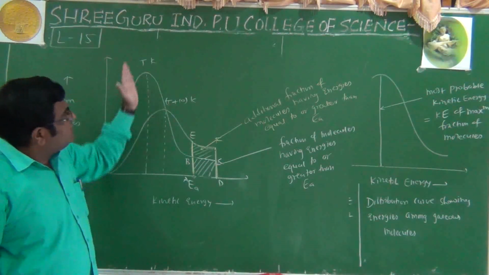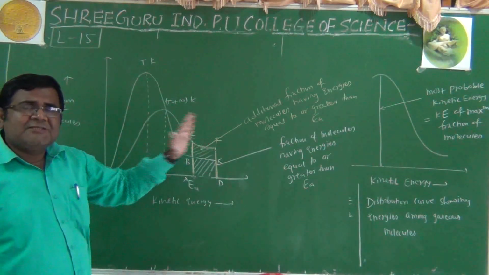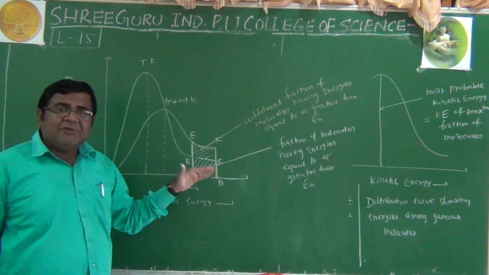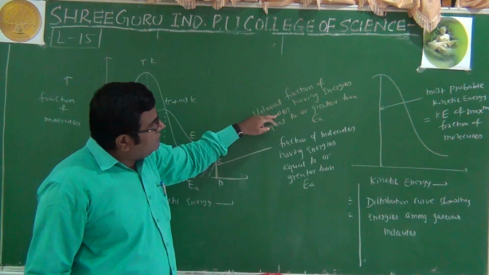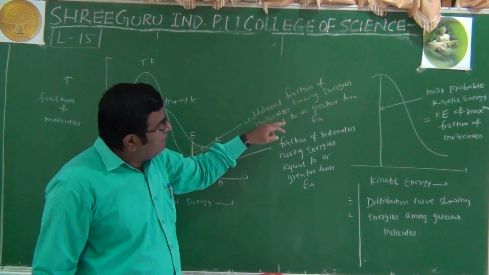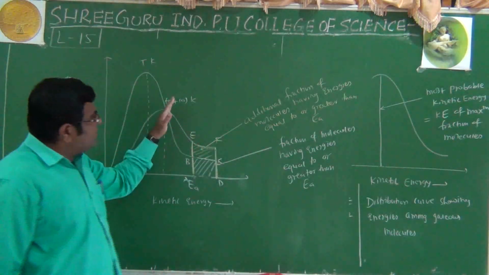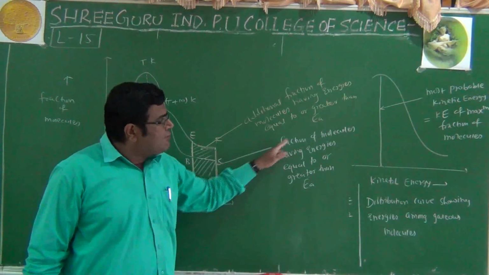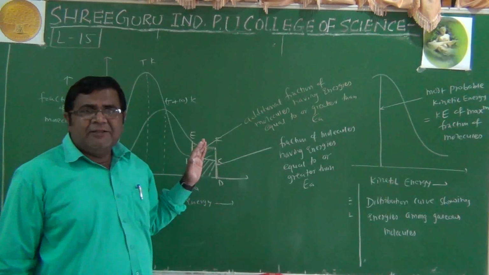So why does increasing temperature by 10 K increase the rate of reaction? In a simple sentence we have to say that if you look at this diagram, the fraction of molecules having energy equal to or greater than activation energy at T plus 10 K is 2 times the fraction at Tk.